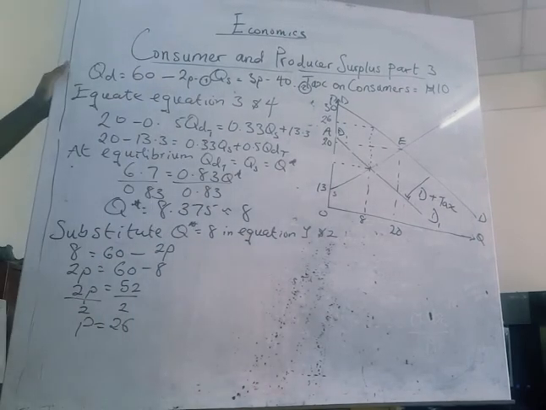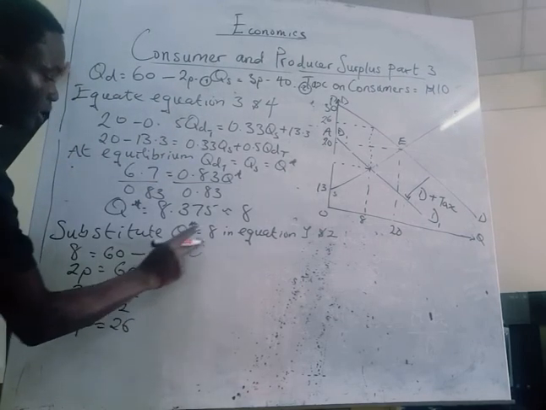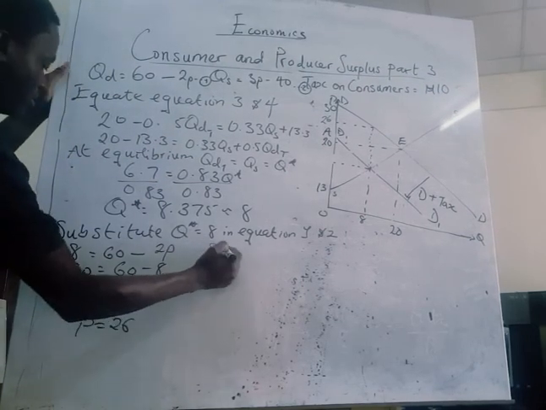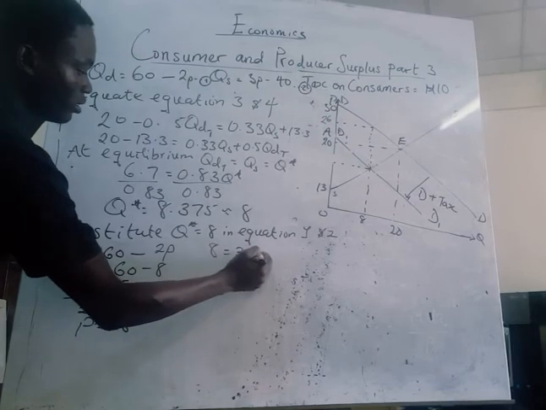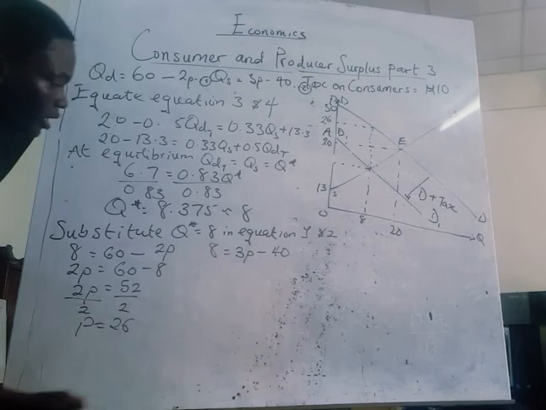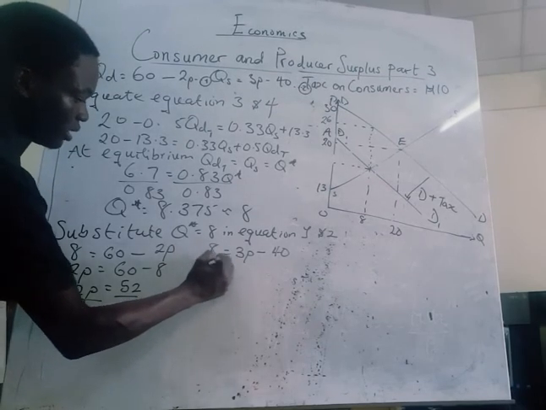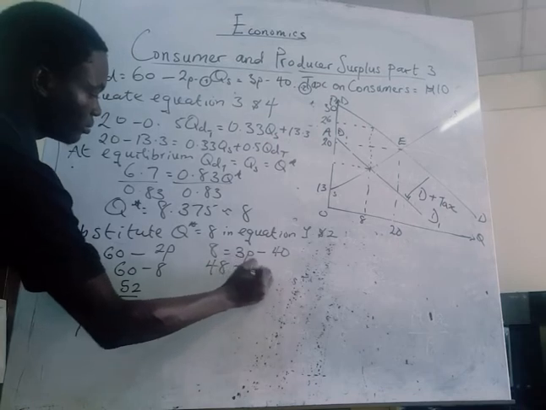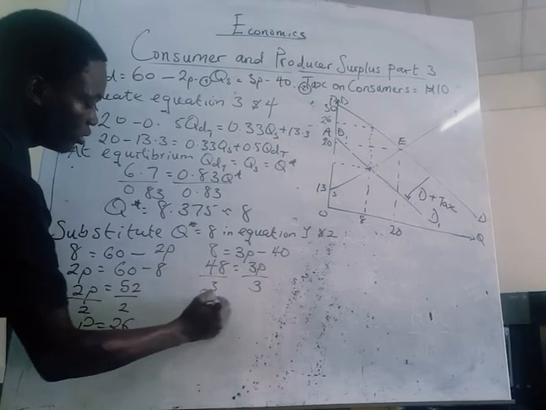We do the same thing for the supply function. Here we have 8 equals 3p minus 40. So 8 plus 40, that's 48, equals 3p. We divide through by 3, and then p equals 16.